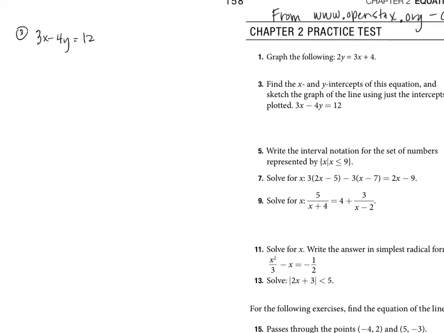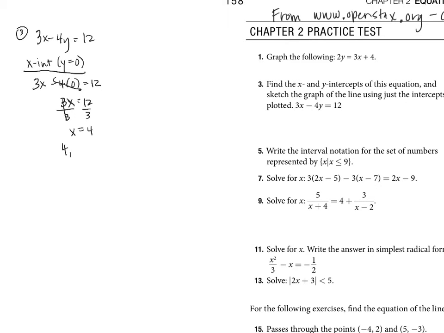So now what we want to do is find the x and y-intercepts. So the x-intercept we'll find if we let y be 0. So we'll have 3x minus 4 times 0 equals 12. So we have 3x equals 12. And so x is 4.